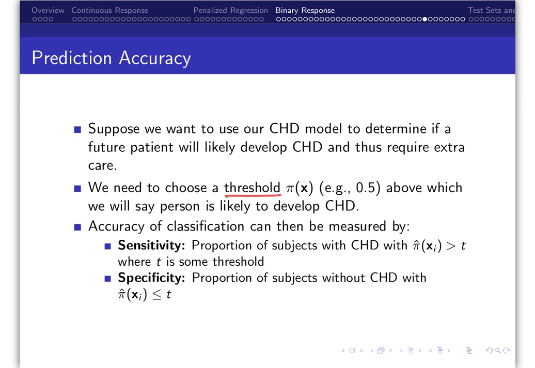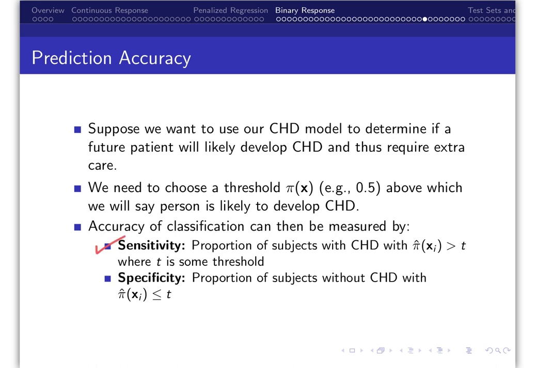Of course, we could use 0.5 as a threshold, such that if the estimated probability is greater than 0.5, we would predict the person will develop CHD, while if the estimated probability is less than or equal to 0.5, we predict the person will not develop CHD. 2 measures that are frequently evaluated for such binary decisions are sensitivity and specificity.